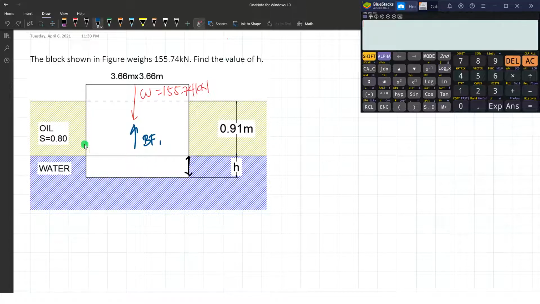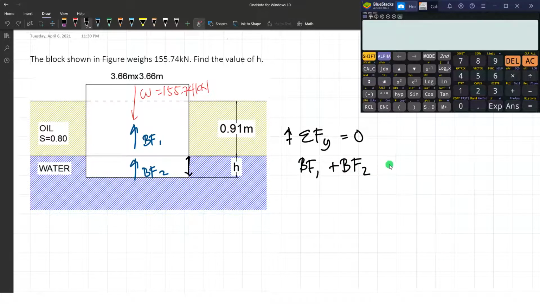The buoyant force applied by the oil, and the upward force, or the buoyant force applied by the water. So taking the summation of forces along the vertical equals to 0, assuming upward is positive, we have buoyant force 1 plus buoyant force 2 is subtracted by the weight of the block equals to 0.